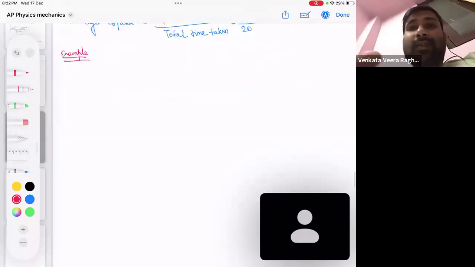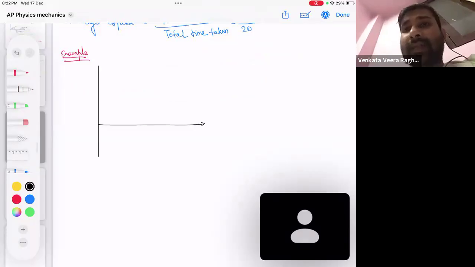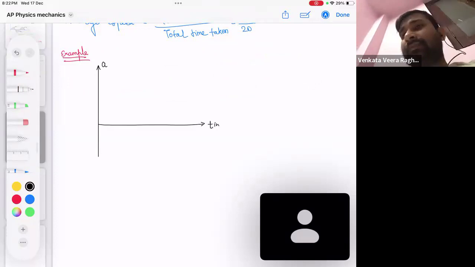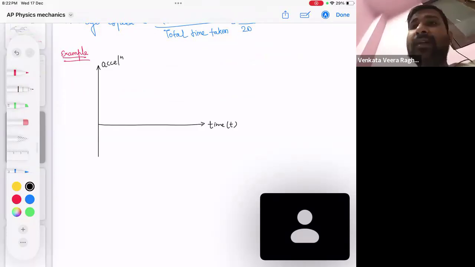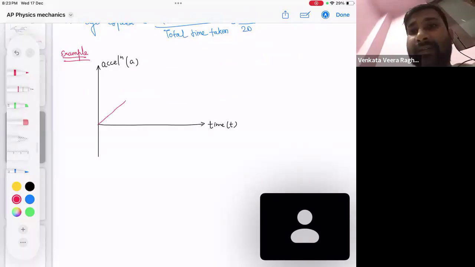Let me take one example. In this example, I am giving you the graph of acceleration versus time. On this axis we have the time and on this axis we have the acceleration. The graph is given like this.